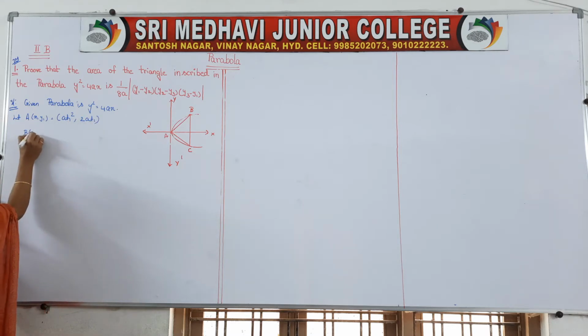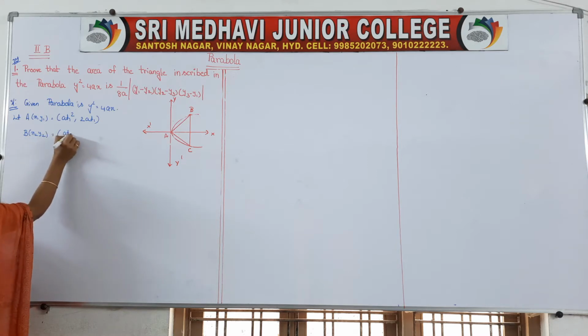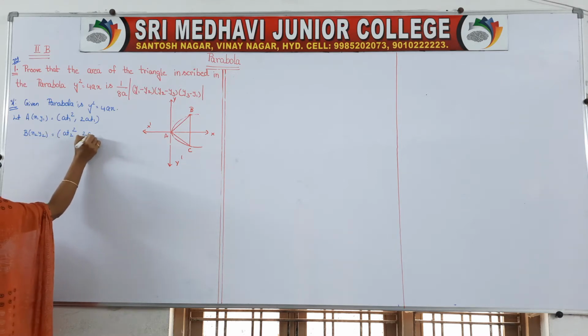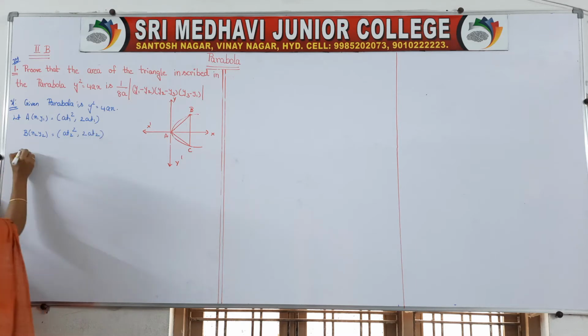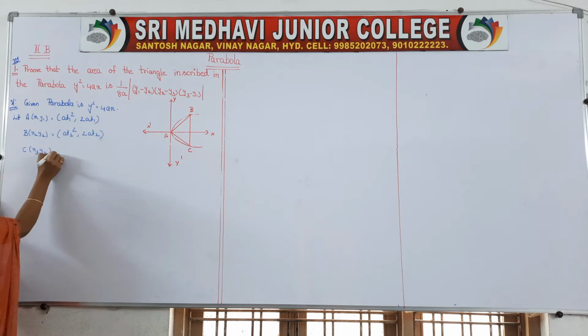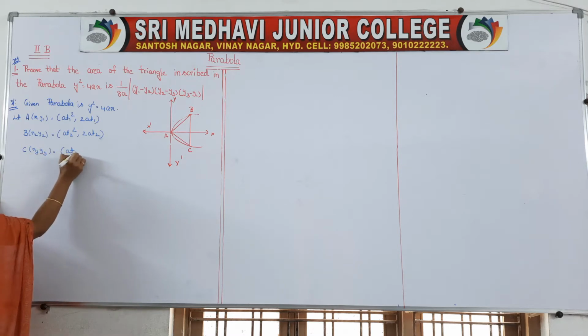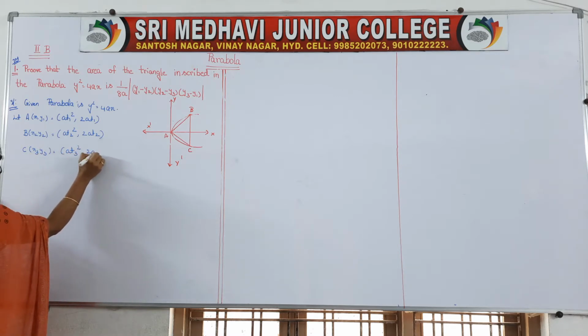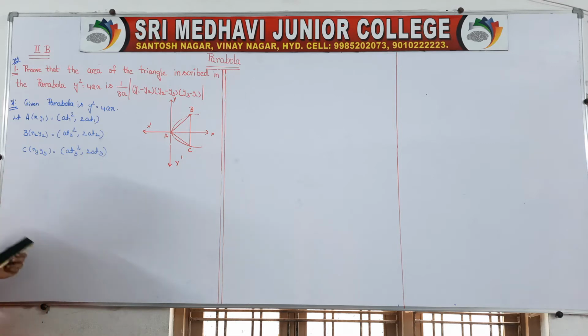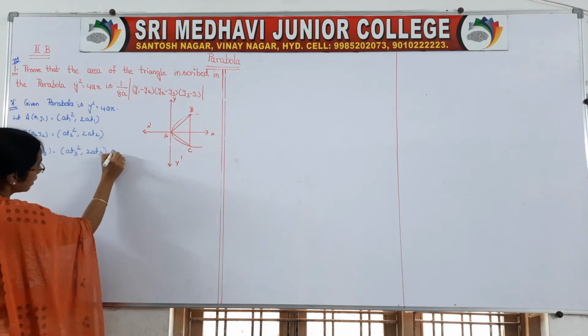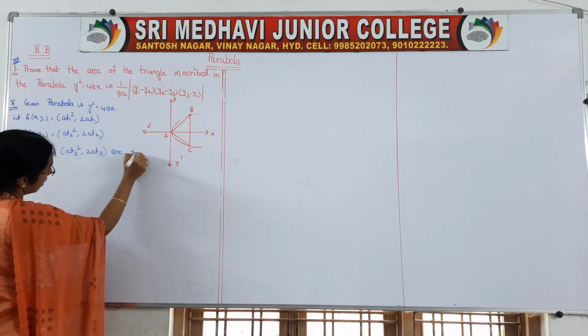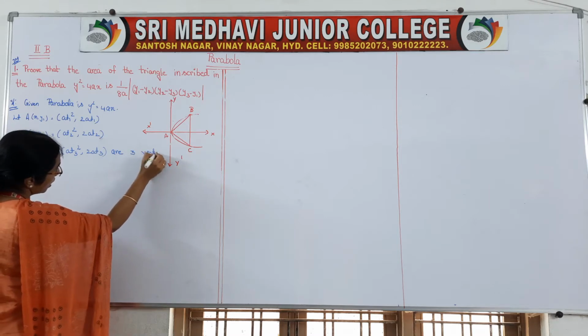Next B x2 y2 is equal to a t2 square, 2a t2. Next C x3 y3 is equal to a t3 square, 2a t3, right? These are 3 vertices of a triangle.